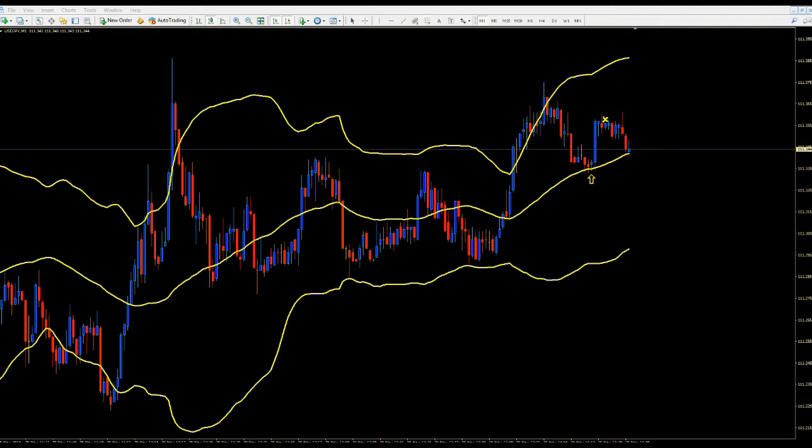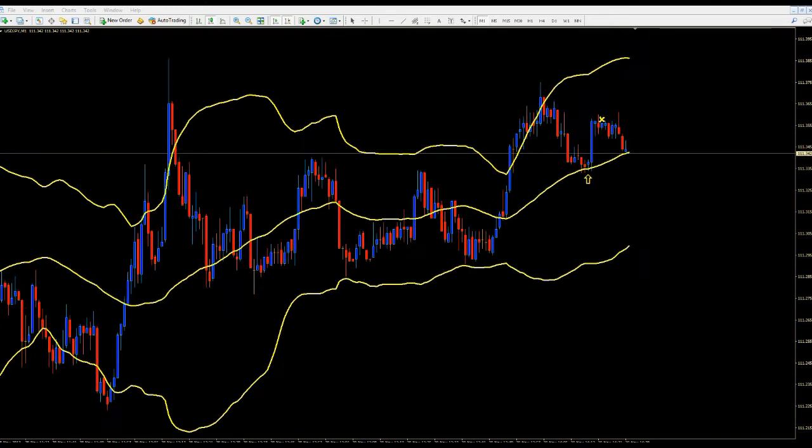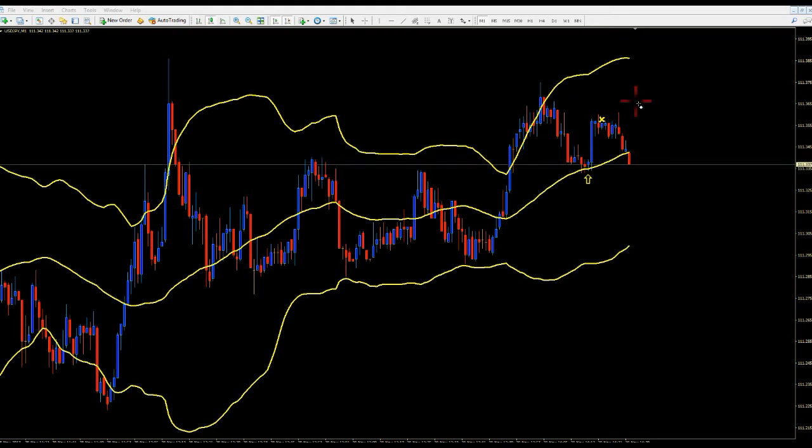So we have to see if it breaks down. If it does, we're going to enter a trade. I'm going to place an arrow here, but we're not going to enter just yet. We have to wait just a little bit and see what happens to this candle.